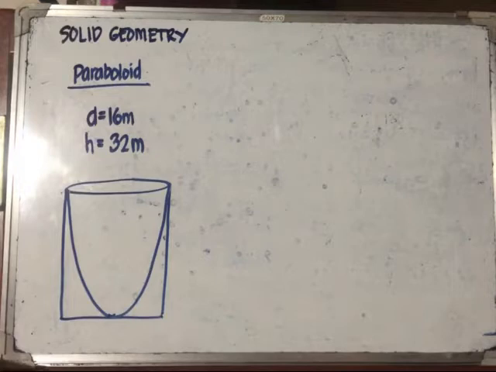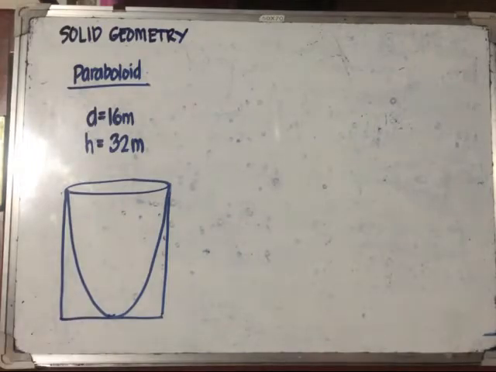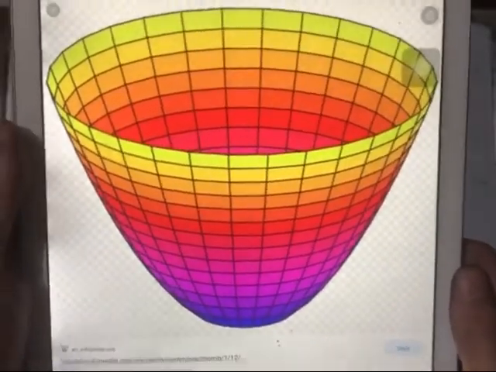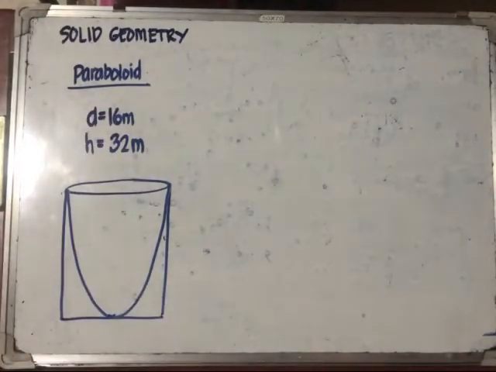Let me search the net so that you could see what a paraboloid looks like. So, like this one. Okay, this is a good picture of a paraboloid. Yan. That's a paraboloid. So, on a flat surface, it looks like this one sa kanyang front view. Okay?